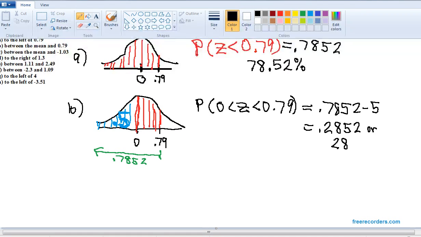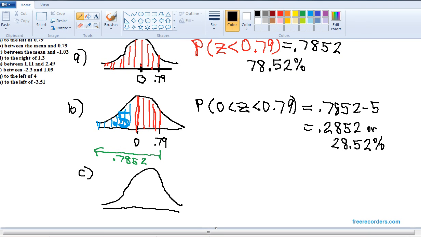The directions here ask us for a percent, so we're going to convert our answer to a percent and answer with 28.52%.